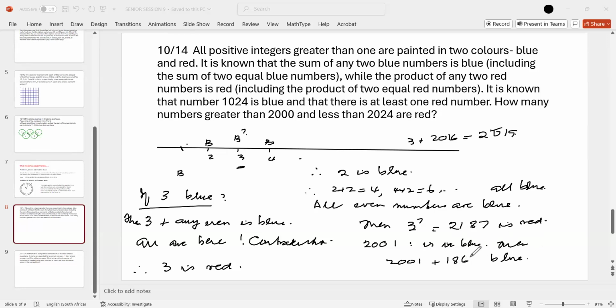Because this is even, and this is blue. But we just said that this is red. So this is false. So the question, is 2001 blue? It leads to a contradiction. So therefore 2001 is red.